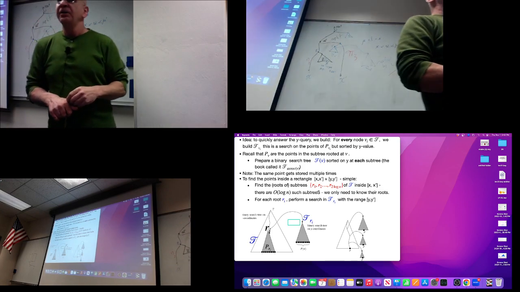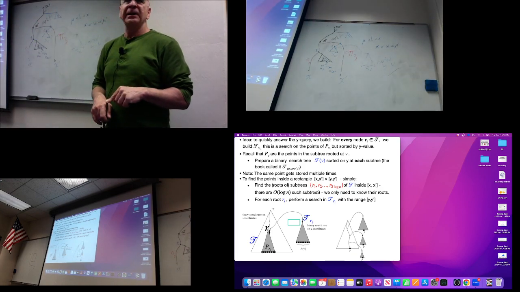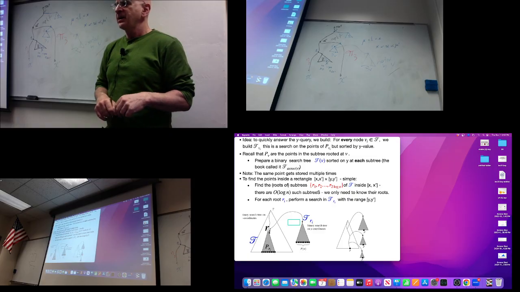So log squared n as a memory requirement is too pessimistic. Does somebody see a better argument?